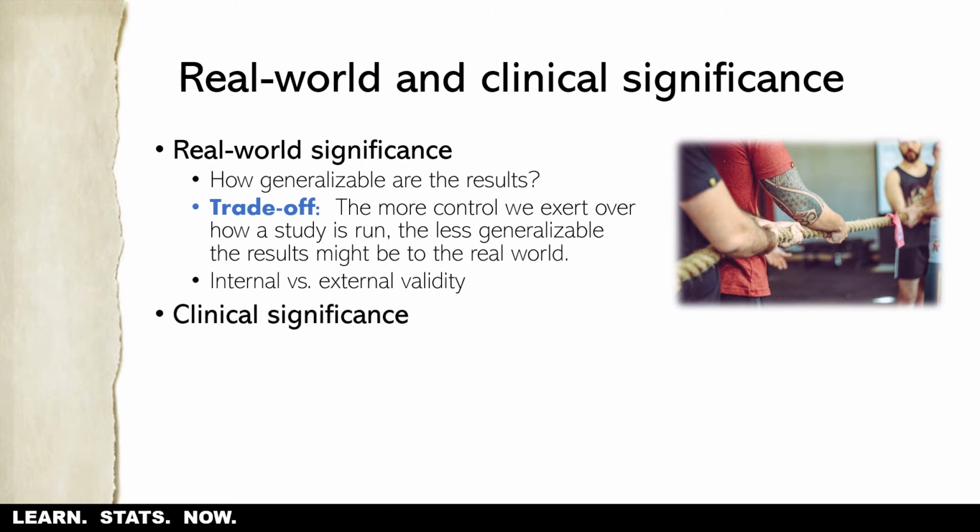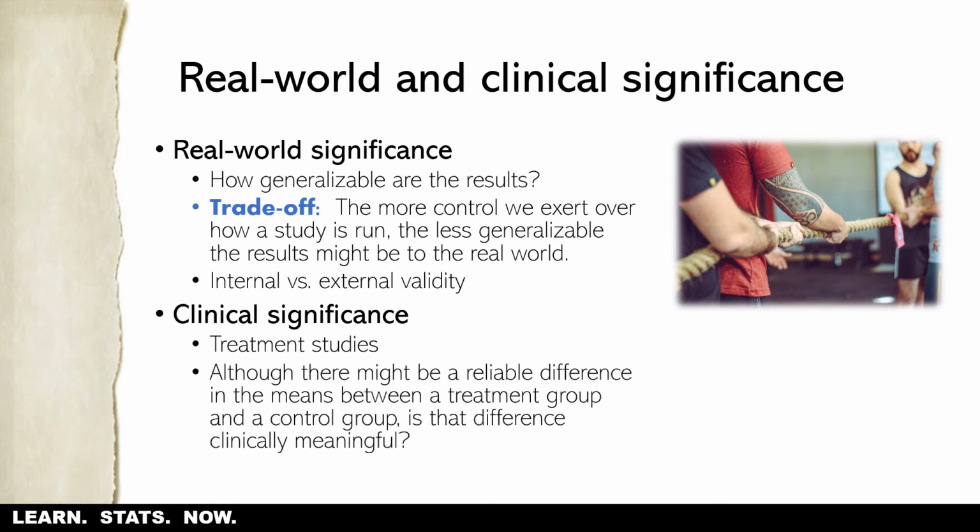Related to this is clinical significance, and clinical significance is often discussed in terms of treatment studies. And the question here is that although there might be a reliable difference in the means between, say, for example, a treatment group and a control group, is that difference really clinically meaningful, right?